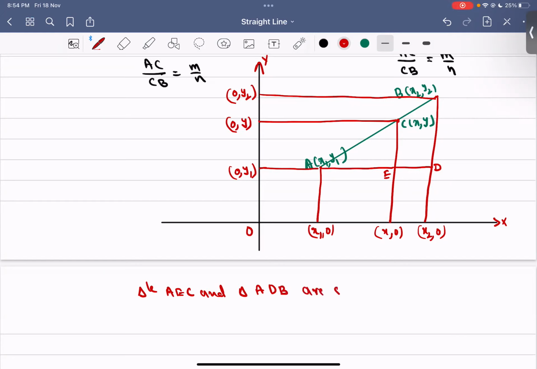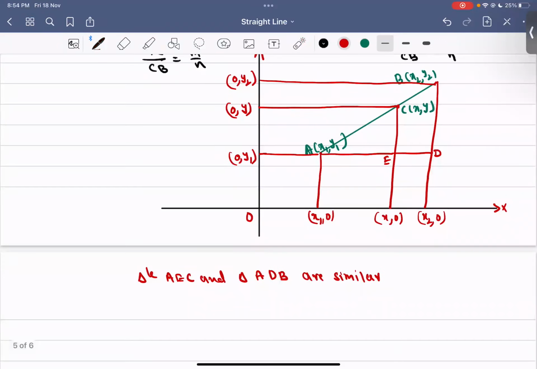Therefore the ratios of the sides are proportional.